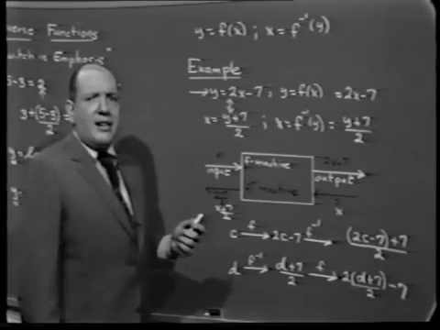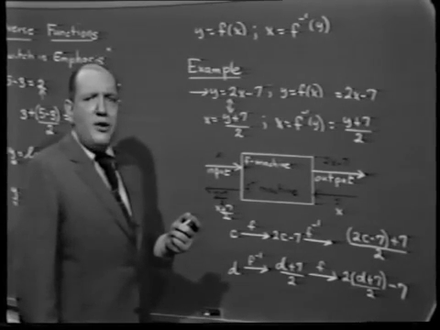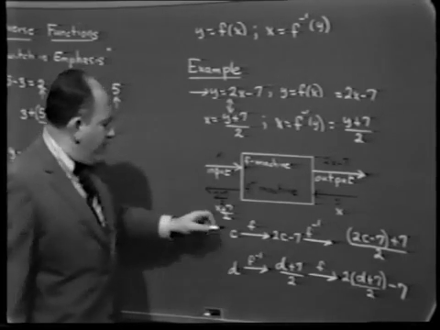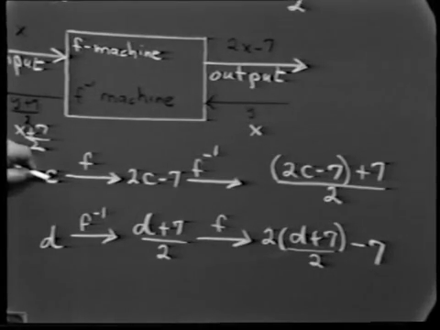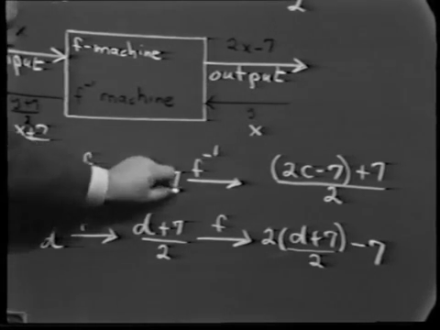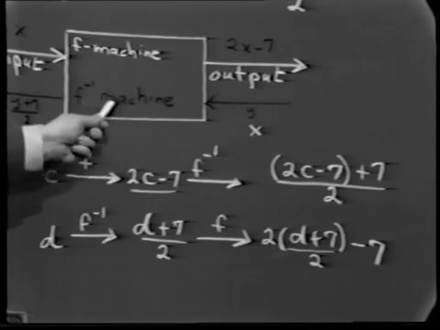By the way, as a little aside, I thought it might be interesting to show why we use such notation as f inverse, f to the minus 1. It's rather interesting here. Let's suppose we let a number go into the f machine. We call that number c. Notice that any number that goes into the f machine has as its output twice that number minus 7. Suppose we now let that number be the input of the f inverse machine.